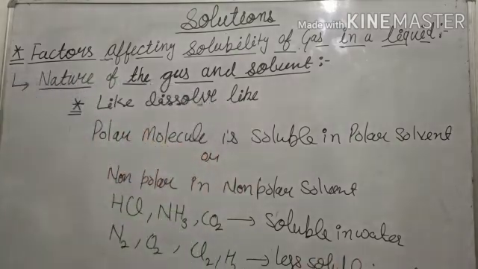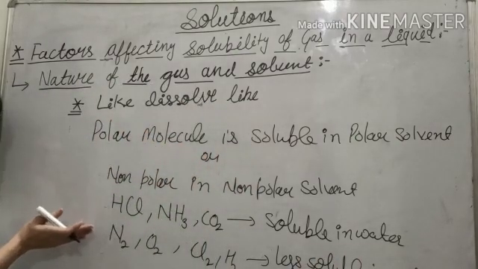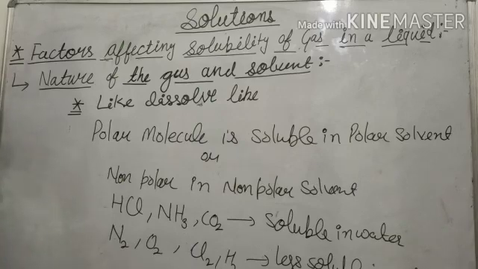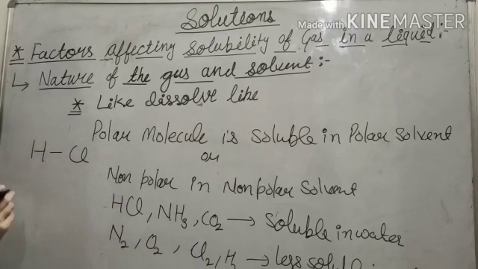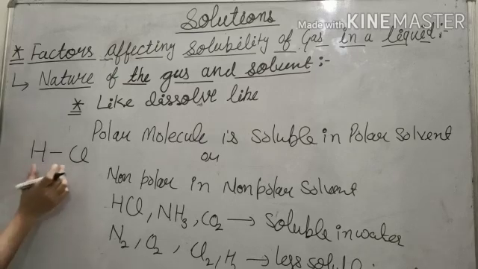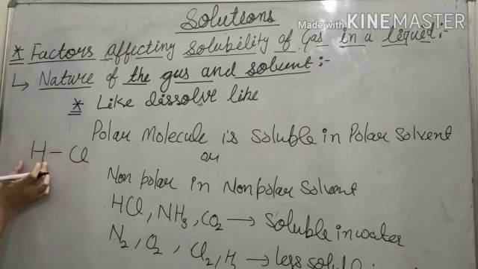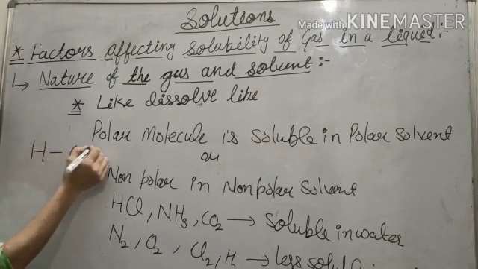Now what is the reason behind the difference in the solubility of these gases? Okay, HCl is a polar molecule. Why is it a polar gas? Because there is a difference in the electronegativity of these two elements. Chlorine is more electronegative as compared to hydrogen.